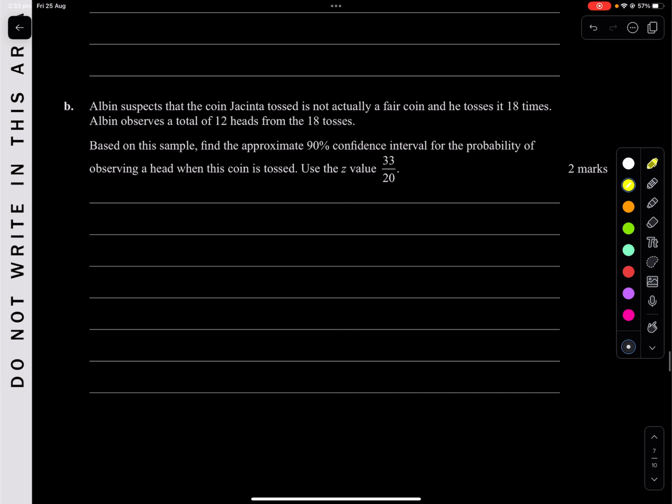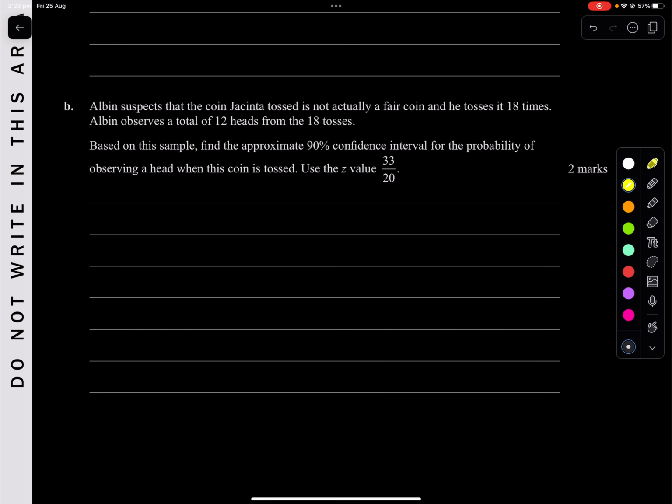Hope it is. Okay. Albin suspects that the coin Jacinta tossed is actually not a fair coin, and he tosses it 18 times. Albin observes a total of 12 heads from the 18 tosses.